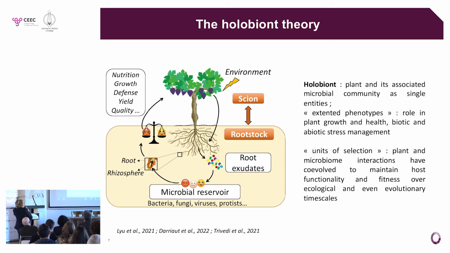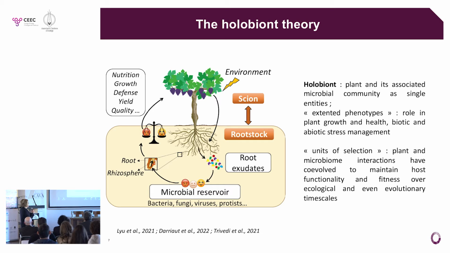So there is a very important theory proposed by plant science scientists who consider the holobiont. So a holobiont is a plant with its associated microbial community, and it's considered as a single entity.